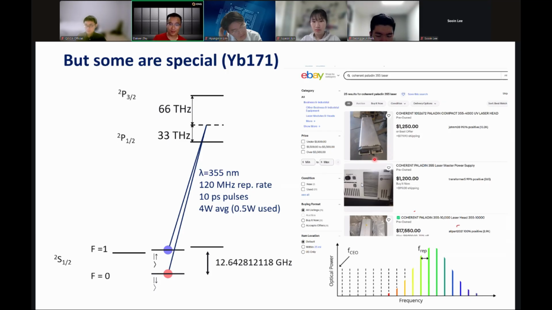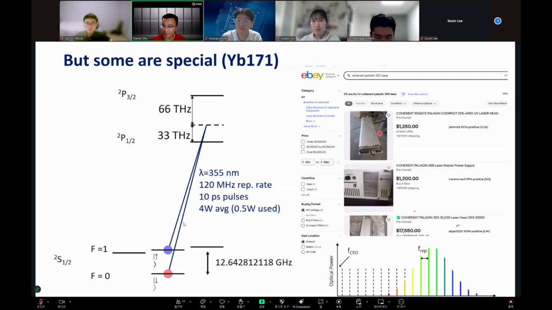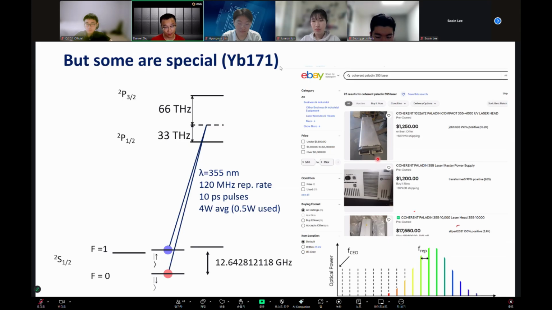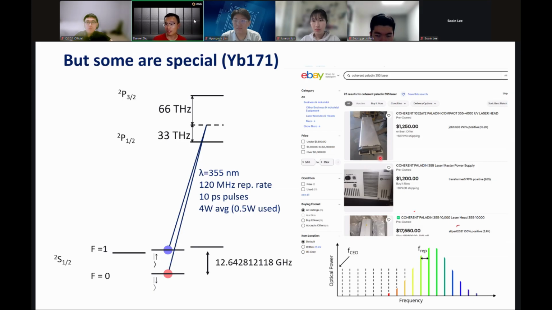So now you don't need a special laser tuned to a special frequency. You can just buy one from the market, plug it in, and it works very nicely. And this laser is very popularly used in the semiconductor industry. It's a lithography laser, so a very reliable product. It just means so much reduction in trouble.